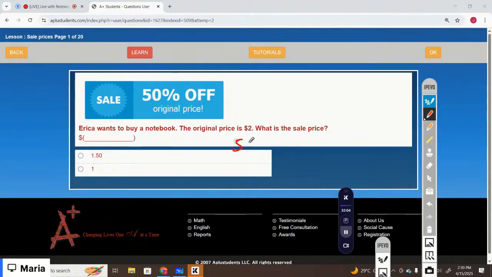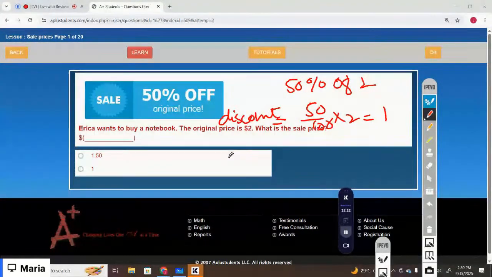We need to calculate 50% of 2. That is 50 over 100 times 2, that is 1, right? That is the discount. That means you have a $1 discount on the book. You need to calculate the sale price.